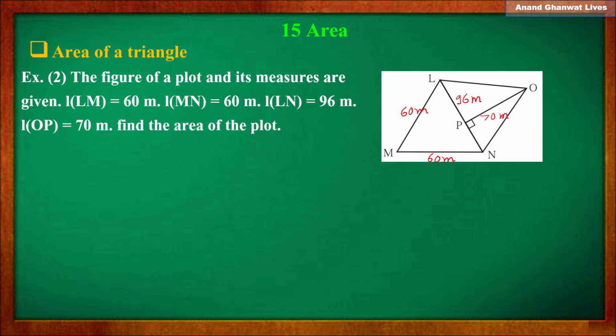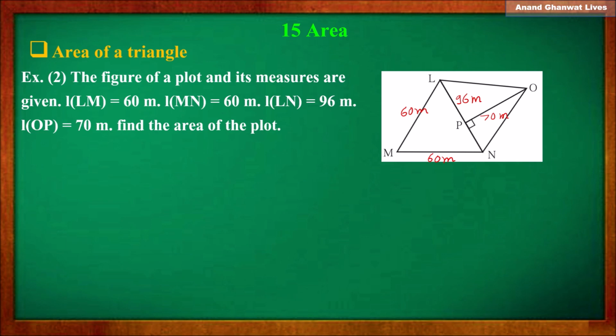Now in this plot, we can observe that there are two triangles. So area of the quadrilateral or that plot is equal to area of triangle LMN and area of triangle LNO. So first find area of triangle LMN. Now in triangle LMN we have the information about the length of three sides. So which formula is useful there? Very good, Heron's formula. But we want to find semi perimeter first to use Heron's formula.